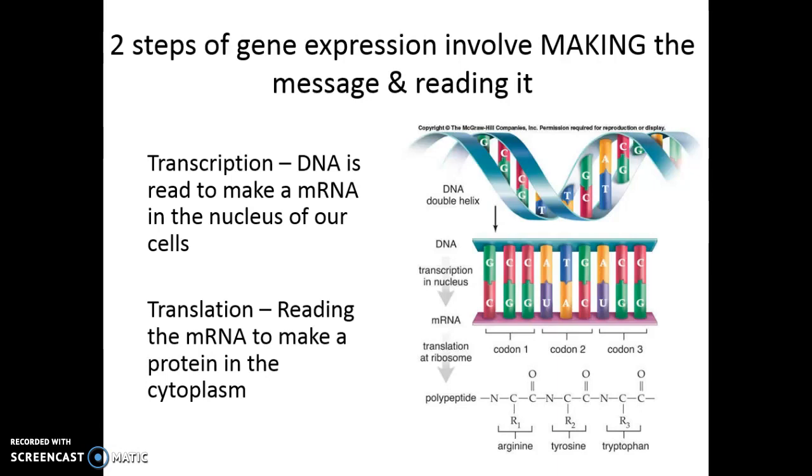Transcription is DNA being read to make an mRNA sequence in the nucleus. Again, this is a little easier to think about for eukaryotic cells in terms of this occurring in the nucleus, so that's why I'm using this material. So you have the DNA helix. The DNA is going to be transcribed to create an mRNA sequence, which you see down here.